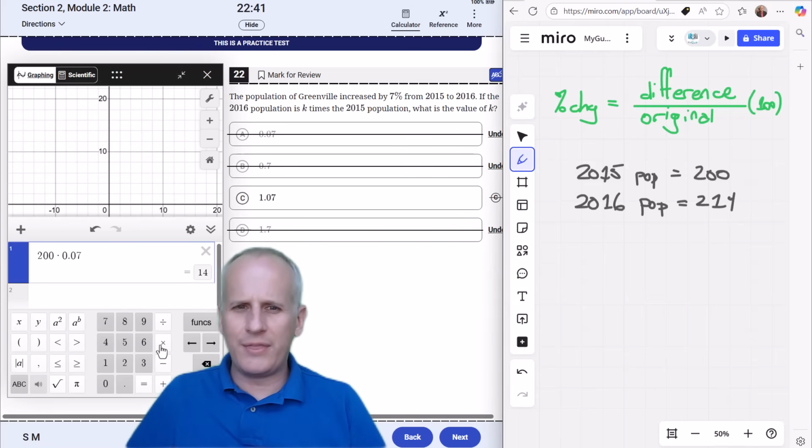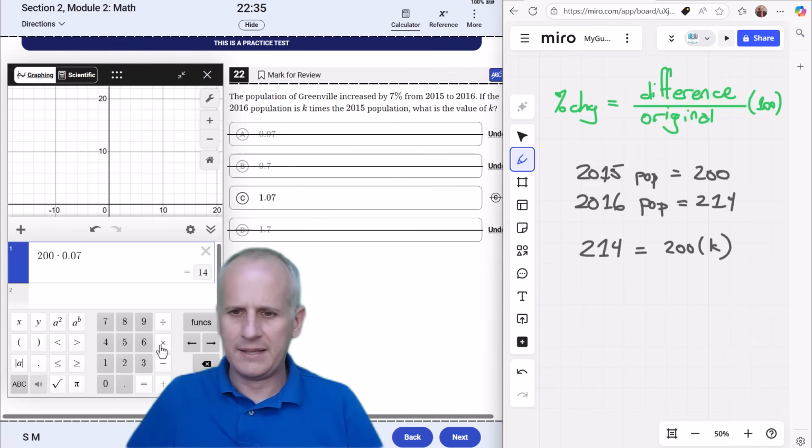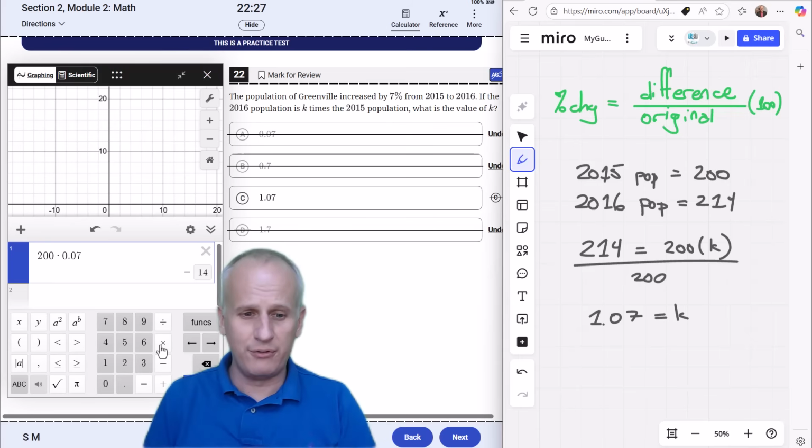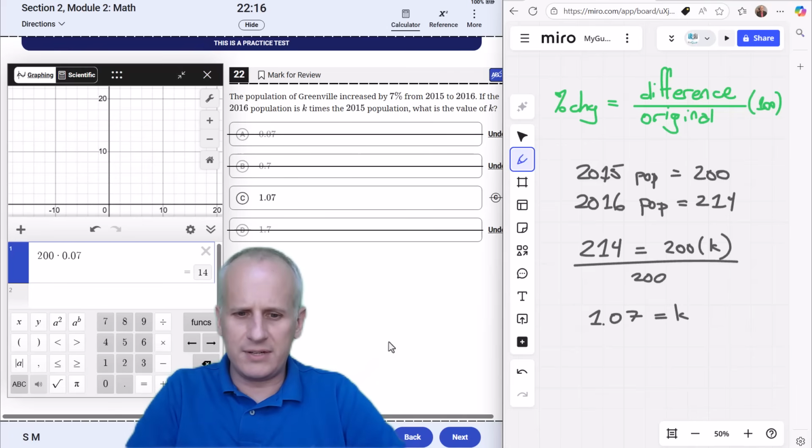So we know that 214 is equal to 200 times k. And if we divided both sides by 200, we would discover that 1.07 is equal to k, just as the proof for how to work through any percent change style problem on either math module of the digital SAT.